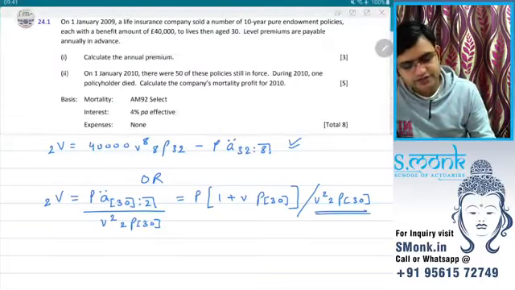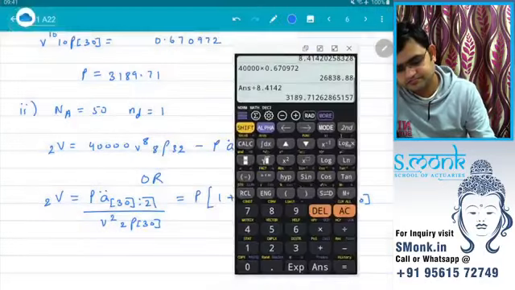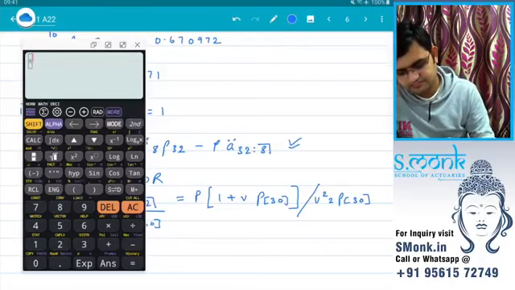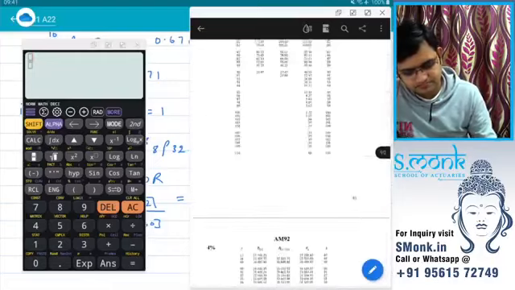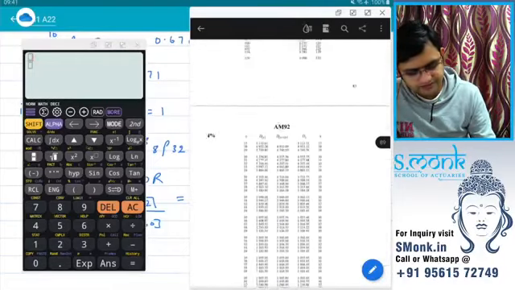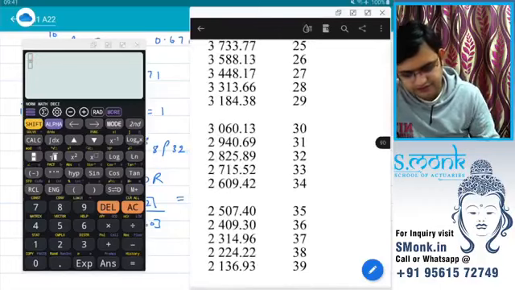So we can calculate this from the D table, 30 and 32. So first ultimate 32.